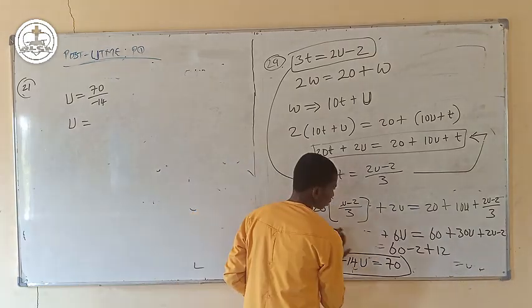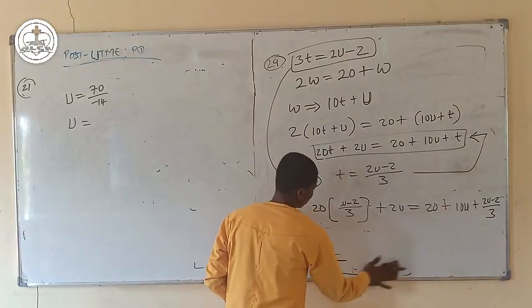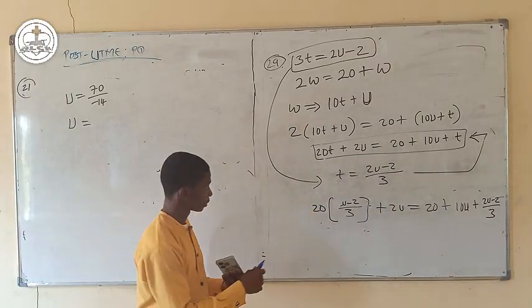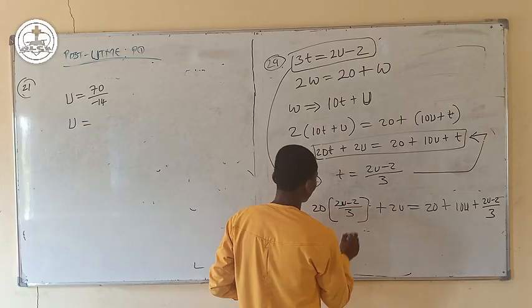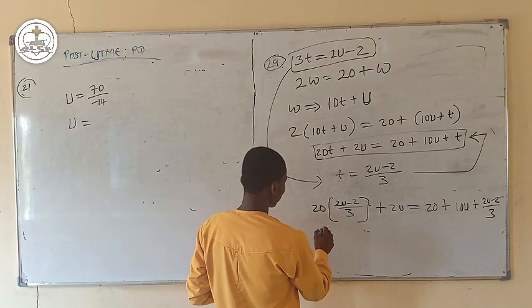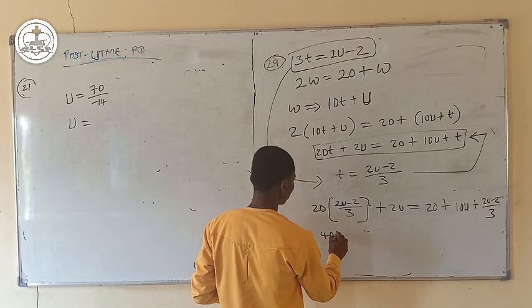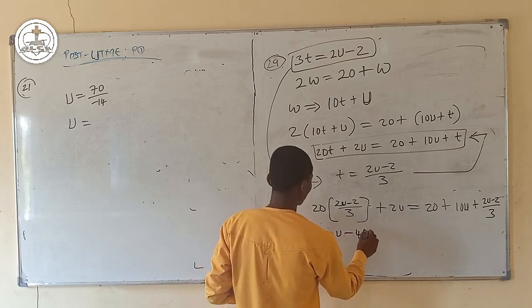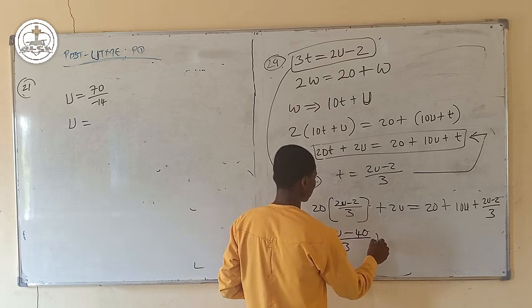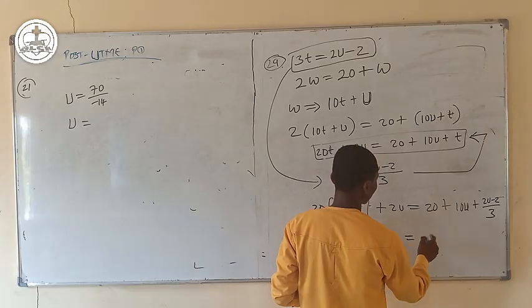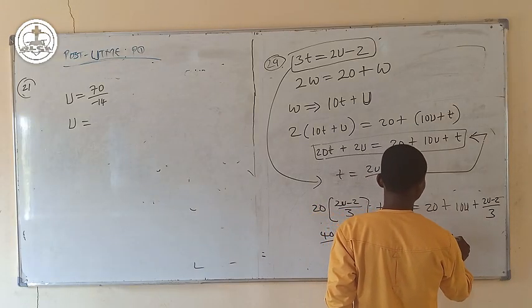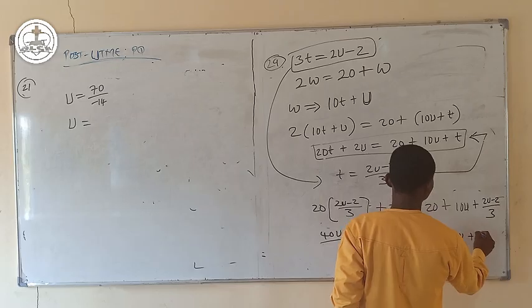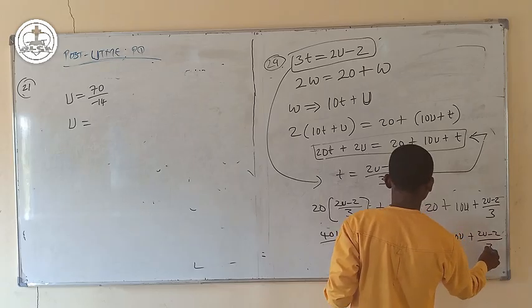Let's correct it. This is supposed to be 2u, so this is supposed to be 40u. Let's finish it bit by bit. 2u is equal to 20 plus 10u plus 2u plus 2 over 3.